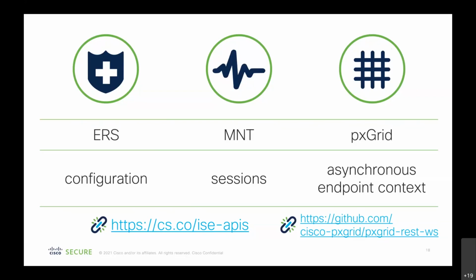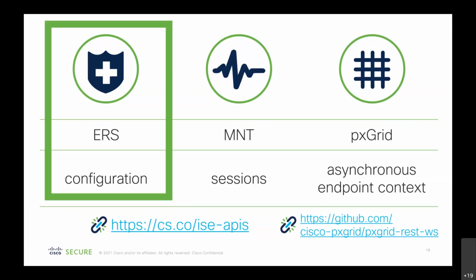Each one's a little bit different. I'm going to focus on ERS today because that's your traditional configuration, updating of objects in ISE. But just know that you can go look at those URLs down below. We have full documentation for that, and then we also have the GitHub for pxGrid if you want to learn more about that. I would love to do a whole separate webinar just on the pxGrid stuff, but it won't be today.